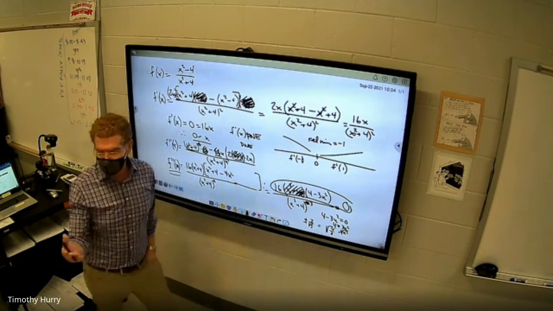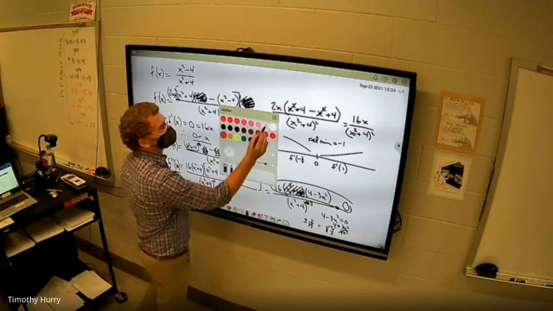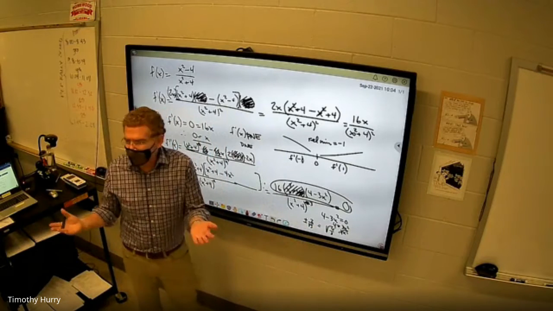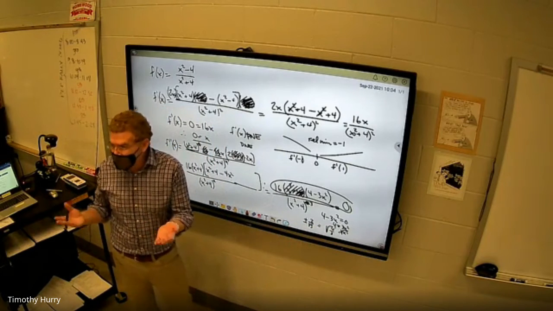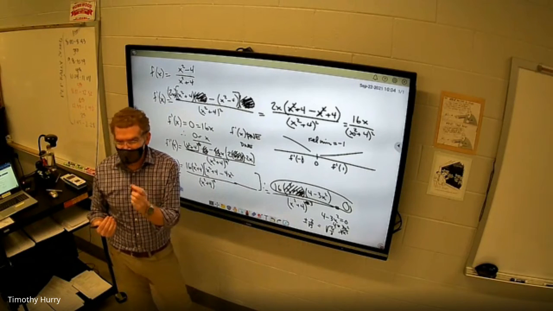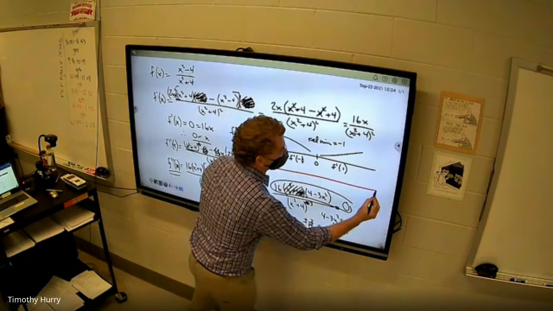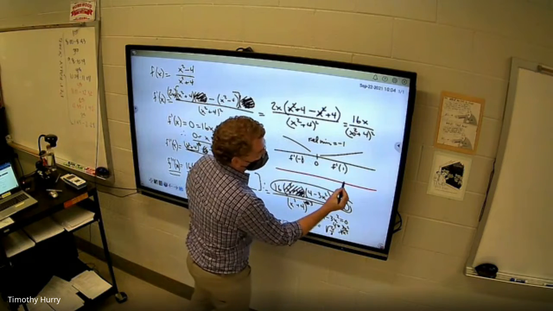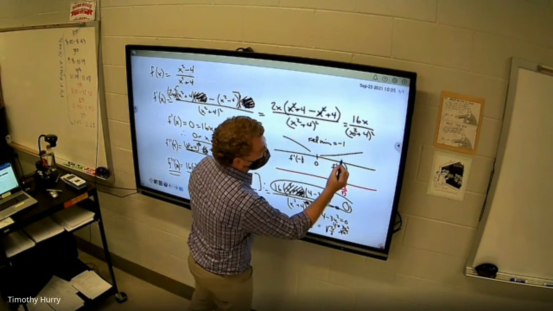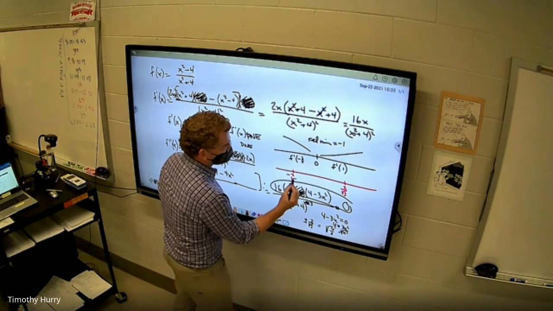Now, ballpark me. What is 2 over root 3 going to give me? Root 3 is about what? 1.7-ish? What's 2 over 1.7? Just a little bit bigger than 1, right? So when you go to do your number line analysis on this, I'm just going to mark my 2 over root 3 like it was a 1, negative 2 over root 3.